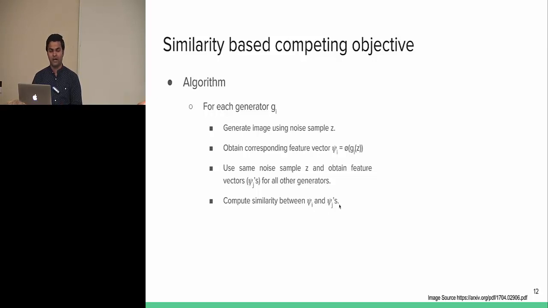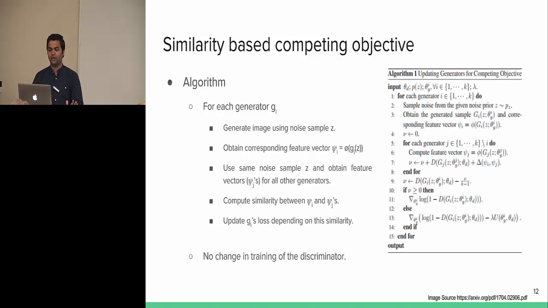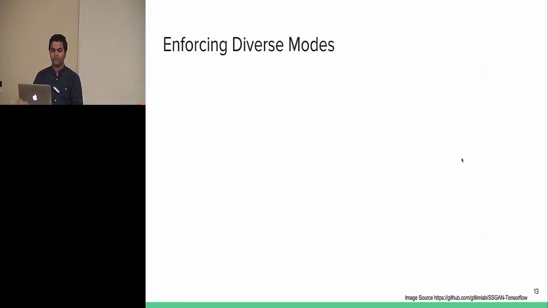If this similarity is very high, then you want to punish generator I more. So you update generator I's loss depending upon this similarity. The higher the similarity, the higher the loss. And in this approach, there is no change in the way you are training the discriminator. Here I'm showing the algorithm that they have followed, which I have explained.